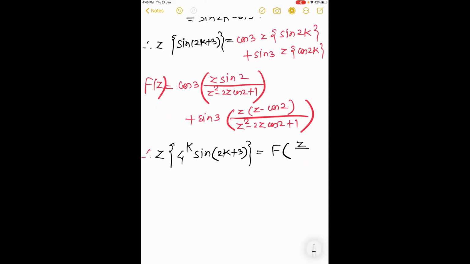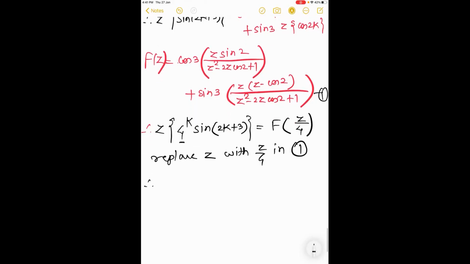What is a? A is 4, correct? So wherever there is z in the fz expression, you will be replacing that z by z by 4. So replace z with z by 4 in expression 1.